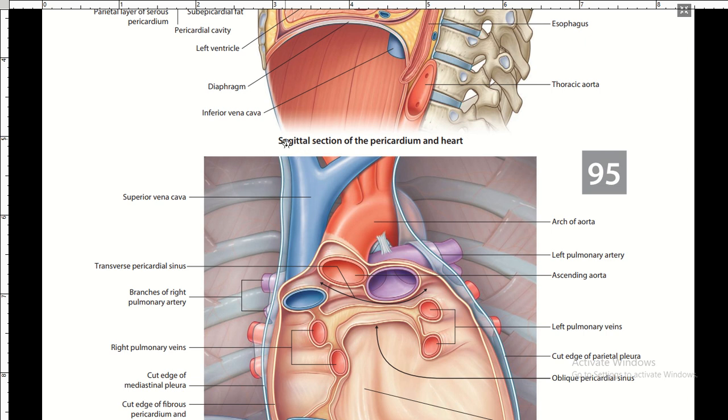They join to form the brachiocephalic veins. But what you have to take note of is that the left brachiocephalic vein will move from the left and cross anterior to the branches of the arch of the aorta, and then join at the right margin of the manubrium with the right brachiocephalic vein to form the superior vena cava.